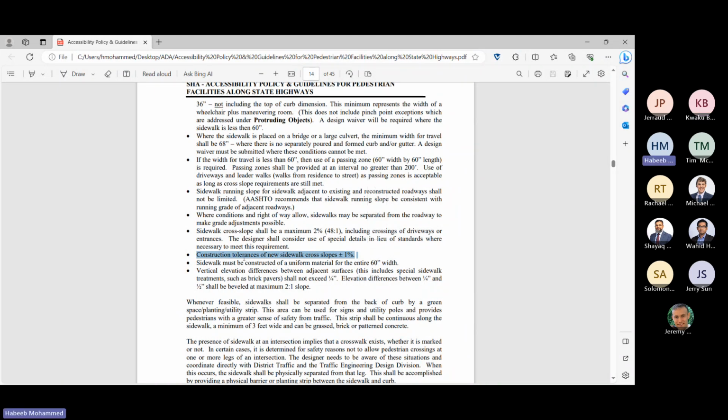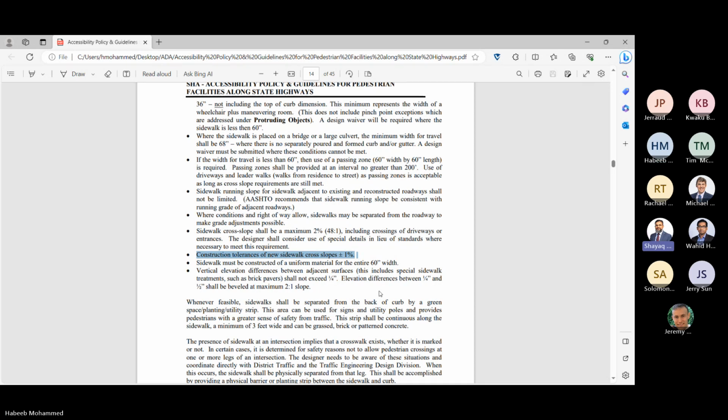So for new sidewalk, the cross slope can be plus or minus 1%. But the old ones have to meet the 2% criteria if it is the sidewalk. And I think sometimes clients change this, because I've dealt with a client in the past that told us to provide a 0.5% construction tolerance.